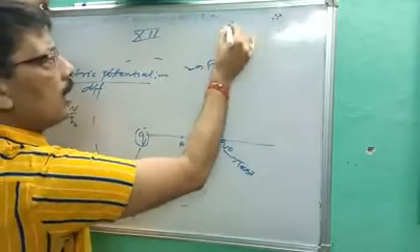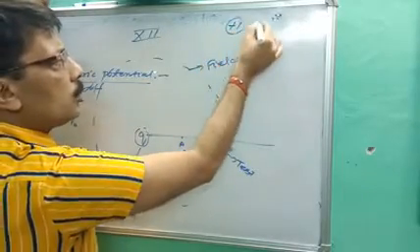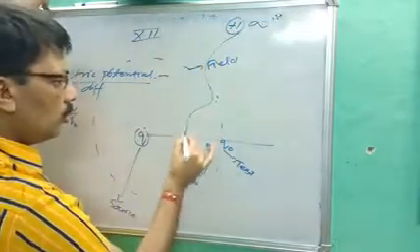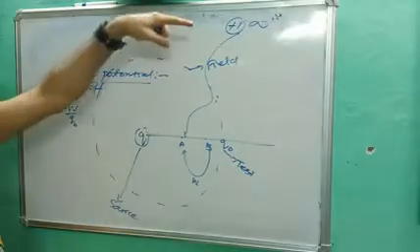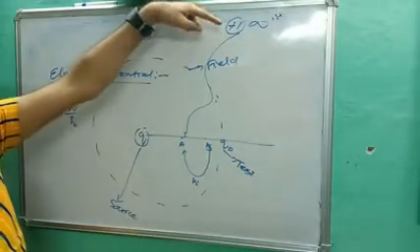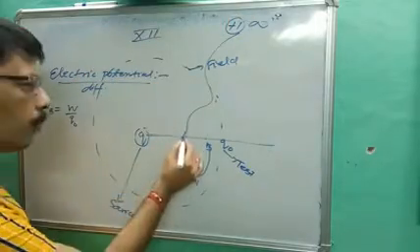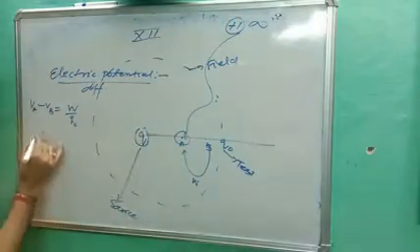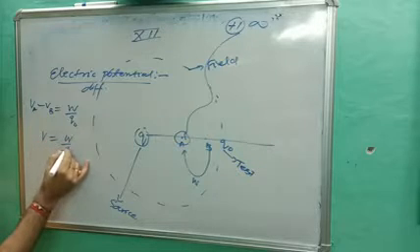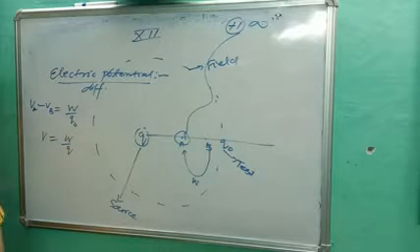Similarly, let's suppose a unit charge is brought from infinity to a point. The amount of work done in bringing the unit charge from infinity to a point is called potential at that point, and the formula becomes V is equal to W upon Q. This is the basic difference.